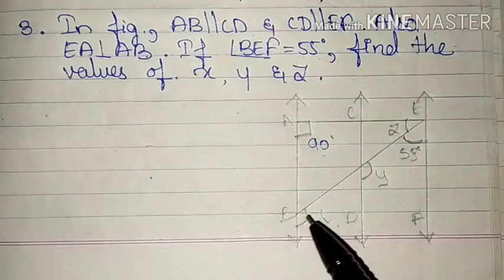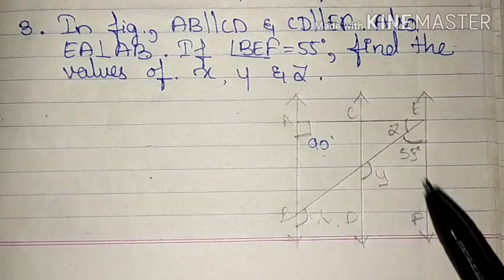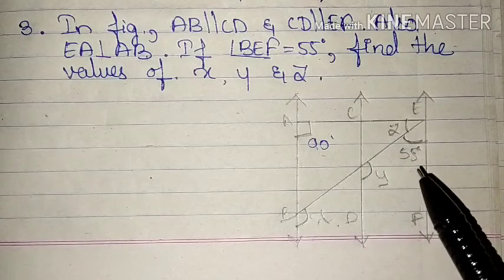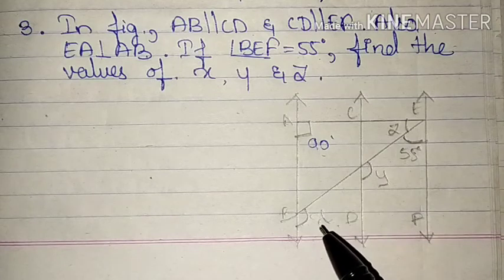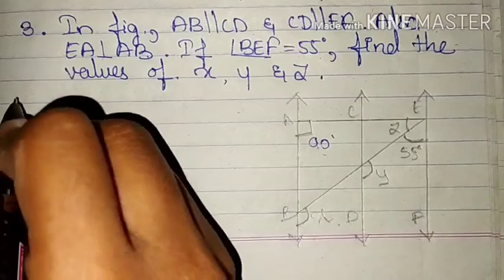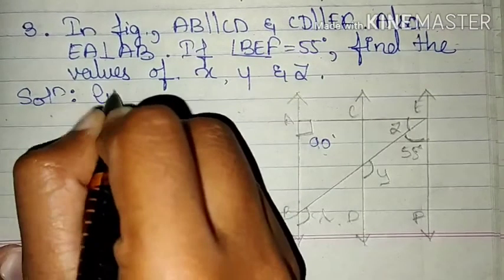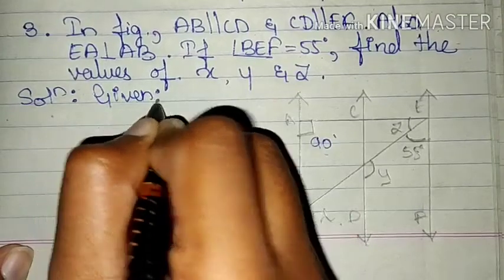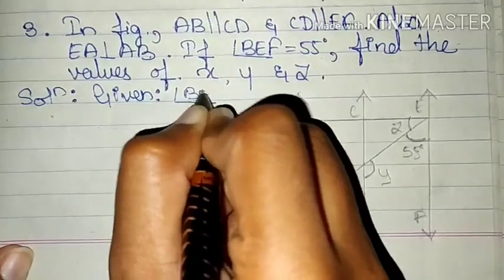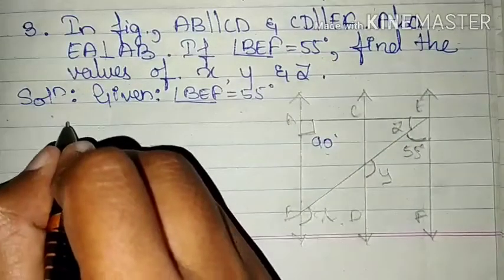If angle BEF is equal to 55 degrees, then our job is to find the values of X, Y and Z. So solution, given angle BEF is equal to 55 degrees.